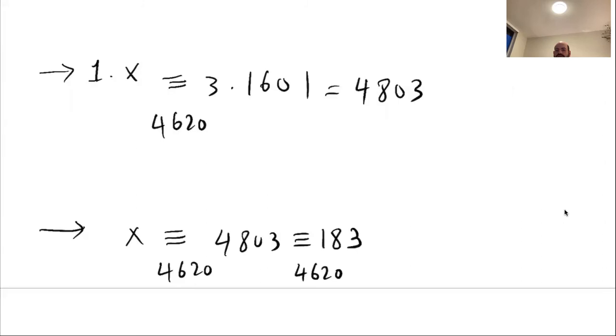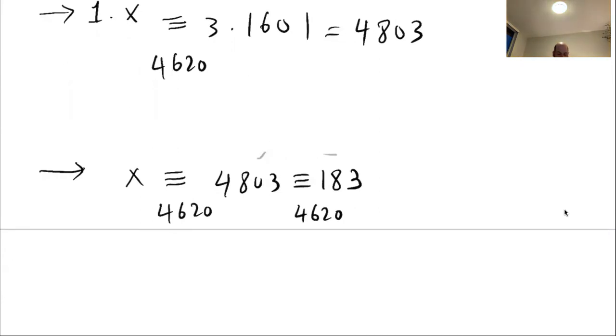Okay, so the solution is basically 183, right? So you can easily check that 4,803 can be written as 4,620 plus 183, which means 183 and 4,803 are congruent mod 4,620.